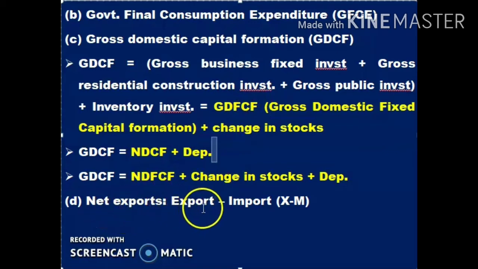If exports and imports are given in the question, you subtract export minus import, and then you get net exports.